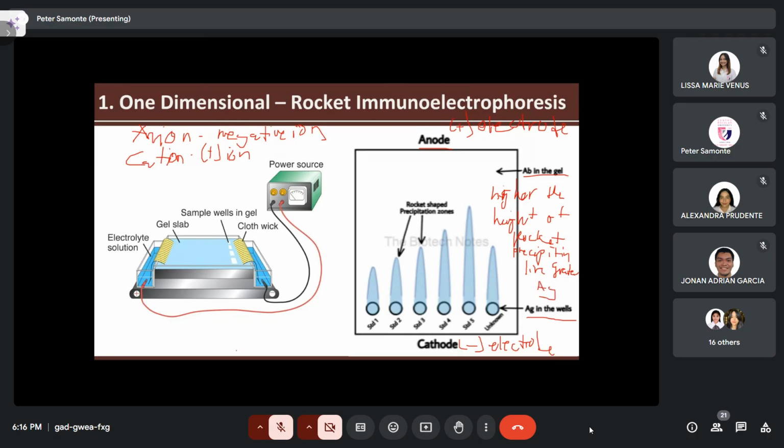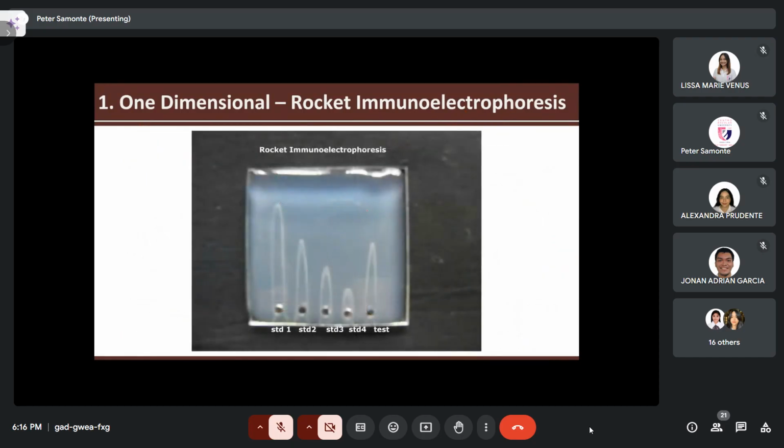So that's your one-dimensional rocket immunoelectrophoresis. This is an example of a live, ang ganda ng pagkaka-diffuse niya. Sana magawa natin to sa lab kaso walang gamit.